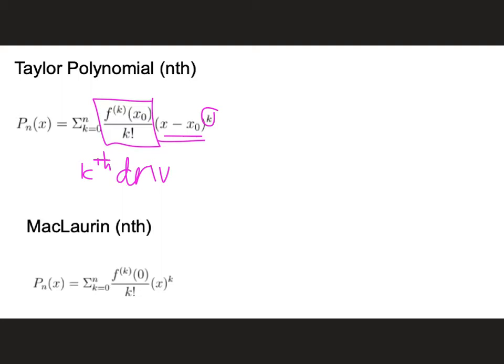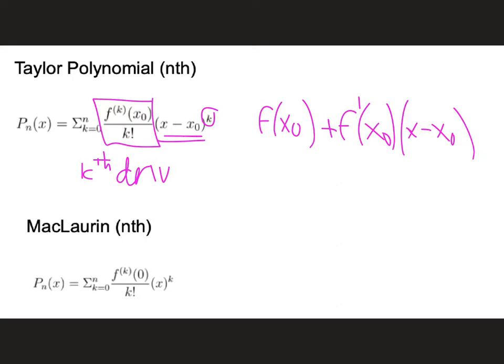In the beginning, that's just going to be f of whatever x naught is, because that's like the zeroth derivative, and 0 factorial is 1, and then x minus x naught to the 0 is 1. And then if I do the first derivative, that's going to be f prime of x naught, 1 factorial is 1, and then x minus x naught to the first. That's a tangent line. That right there is basically what I wrote, except instead of c, I wrote x naught.